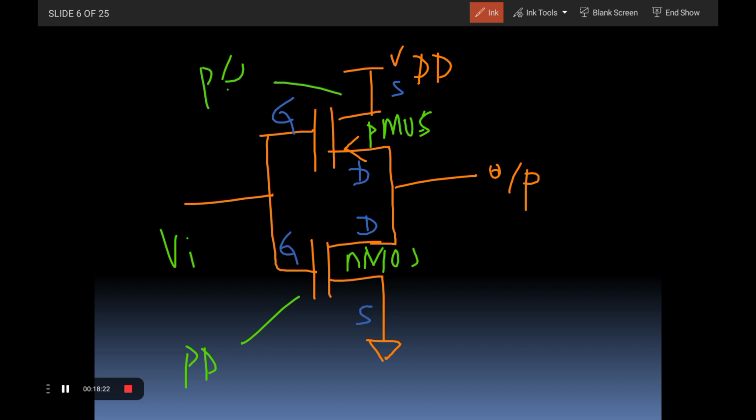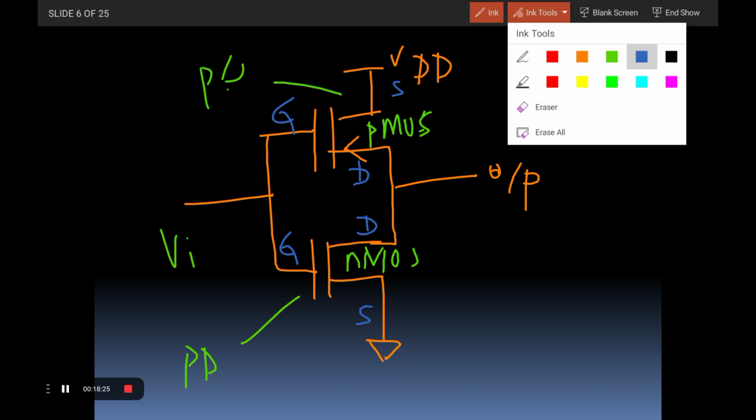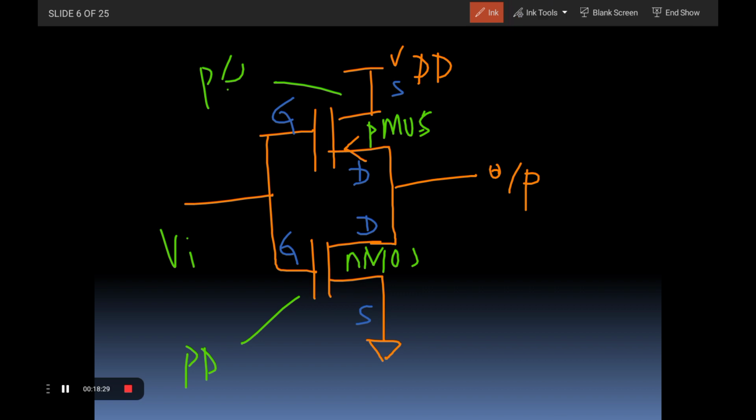Here one important point, in most of the cases, it is very important, remember this point. In the case of the nMOS circuit, the source is always connected to the lower potential of the network. In this network, one is VDD, one is ground, so the lower potential is the ground.